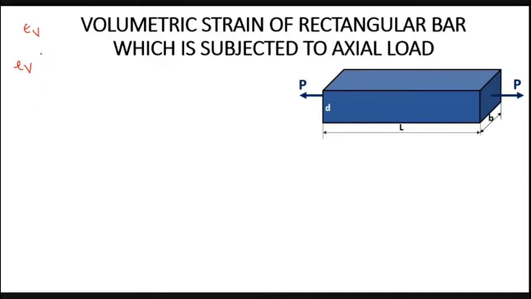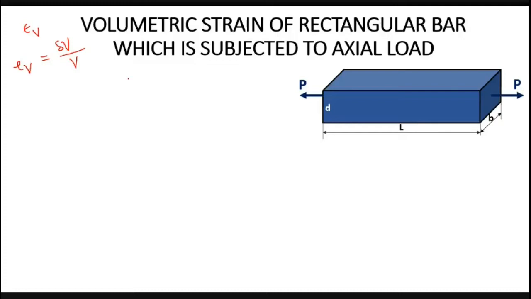This is change in volume divided by original volume. So I have to identify my original volume, and then my change in volume.